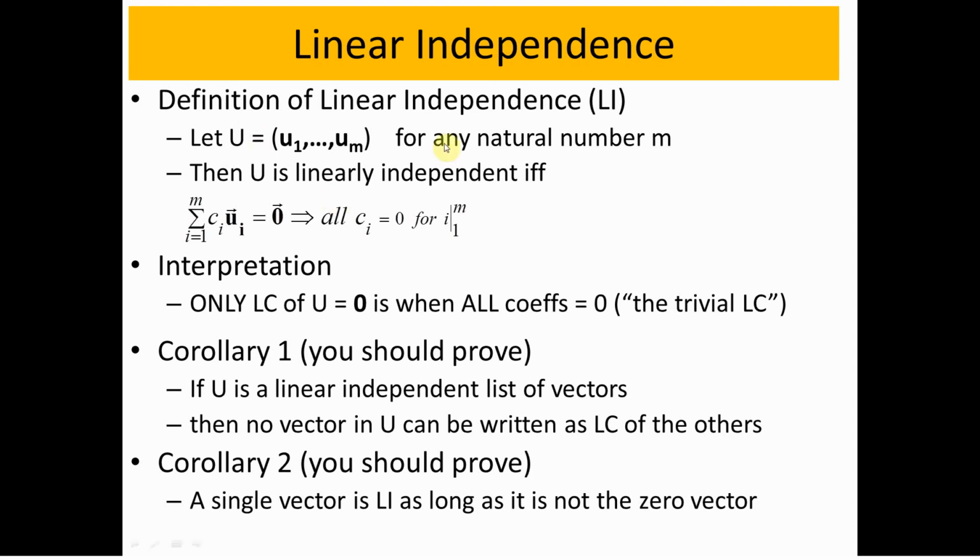Notice that this list here is a list of any m vectors where m is a natural number. So it makes sense, although we don't normally do this, to talk about one vector being linearly independent.